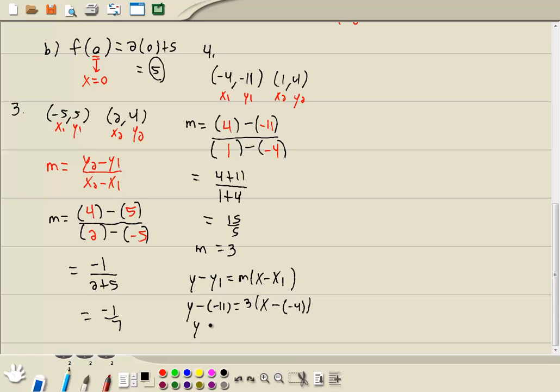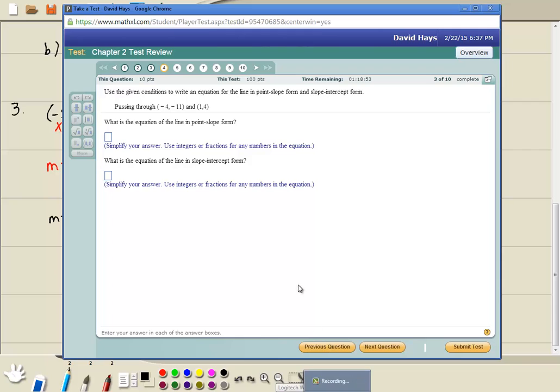Well, negative negative gives you a positive, so we got y plus 11 is equal to 3 times x plus 4. I'm really wondering on this online how, if they programmed it for both points, or is there a specific one you have to choose? It actually doesn't matter. Both of them give you the same answer. We'll see, I guess. 3 times x plus 4.